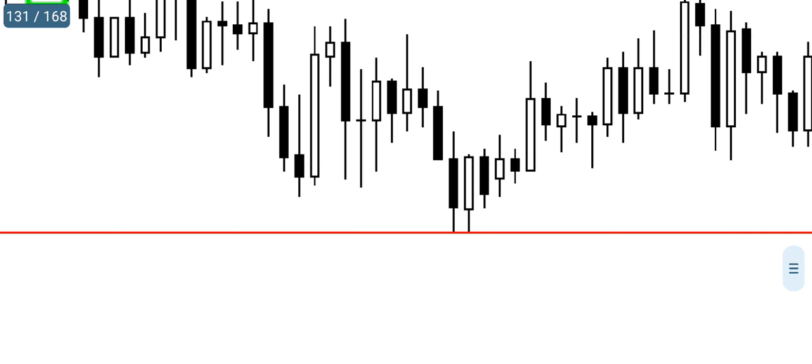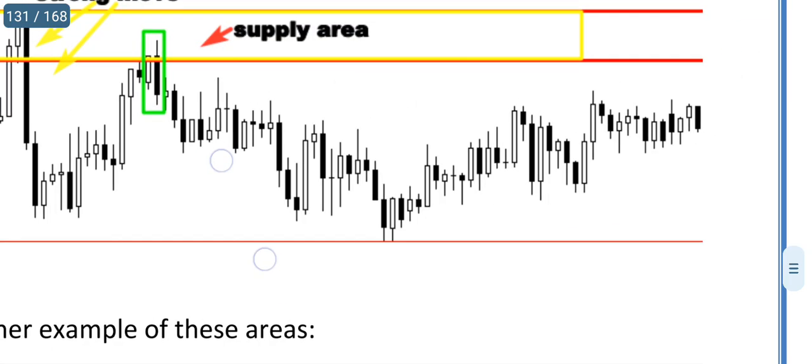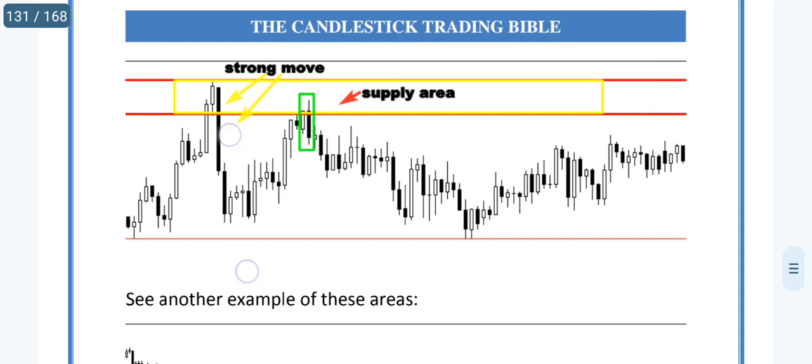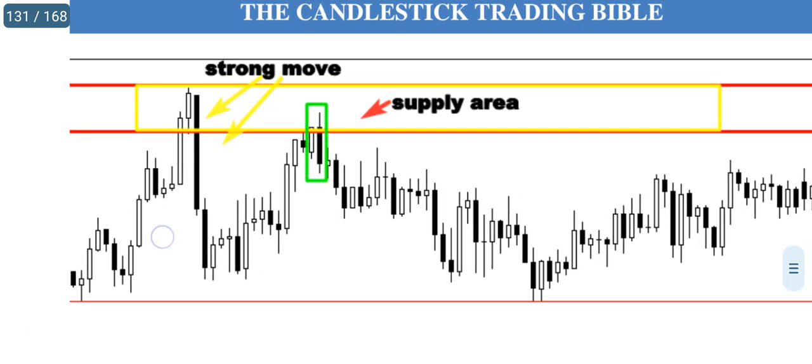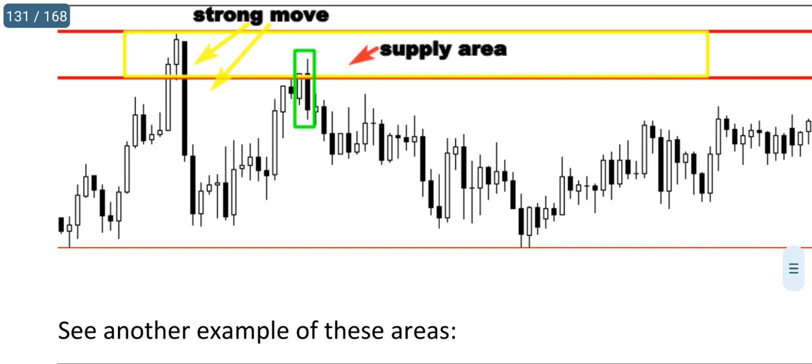Therefore, the market had to reverse. So that's a simple technique covering the physiology behind the supply and the demand zone.